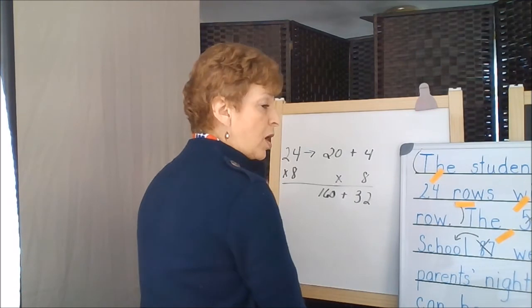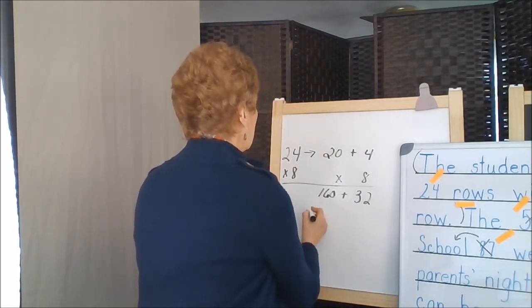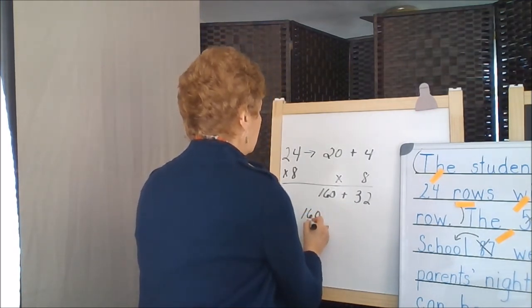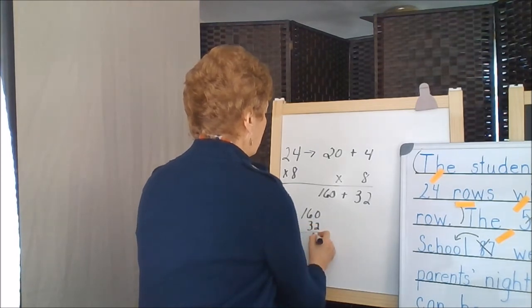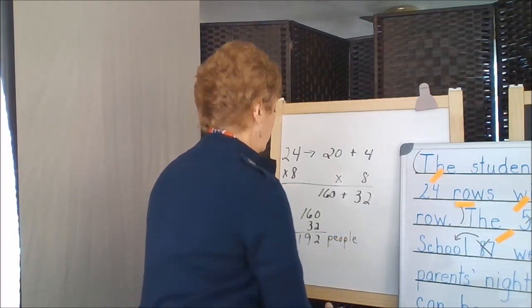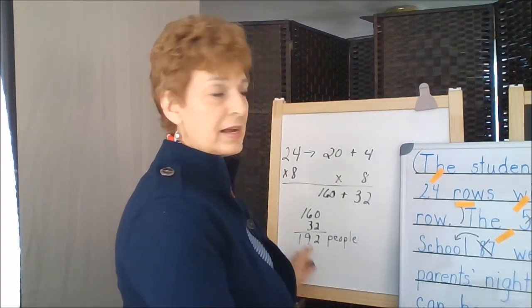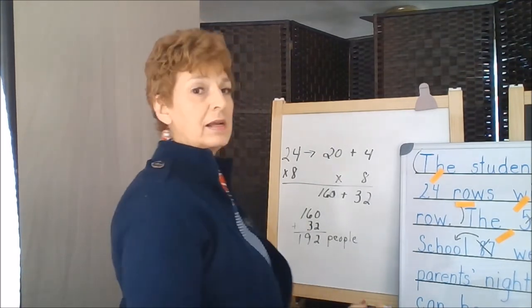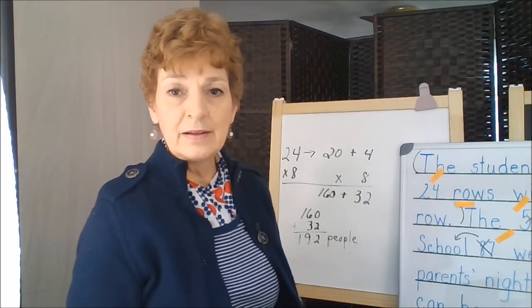These two smaller parts could be added together then to give you the 192 that we got the other way. And this is more along the lines of how your child might multiply via Common Core.